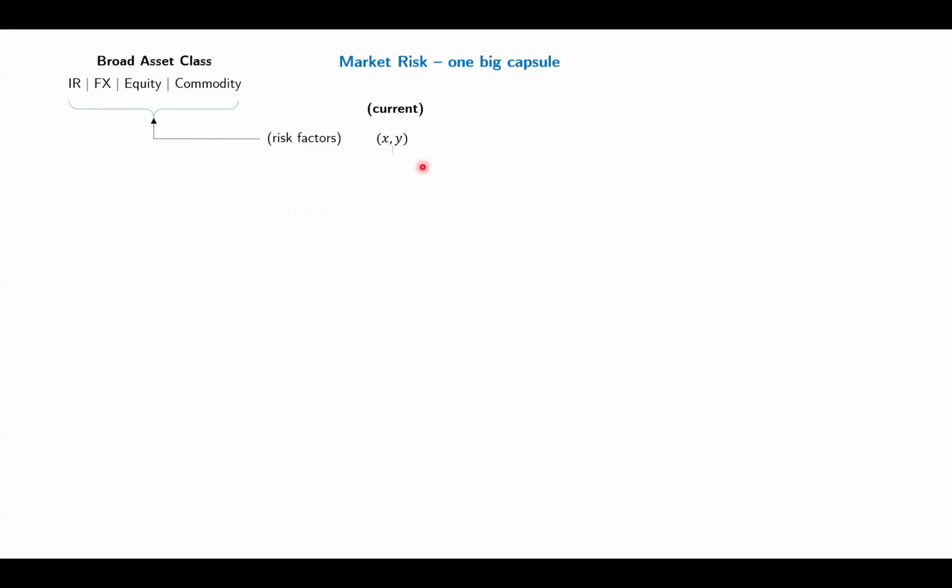So once we know these risk factors, the values of the risk factors today, think of interest rate: the 1 year rate, 5 year rate, 10 year rate today. Those are the risk factors today. And then we have instruments. Instruments are nothing but a set of cash flows.